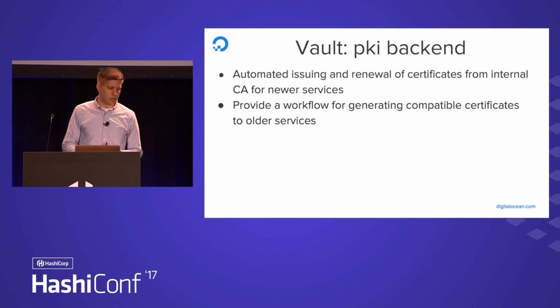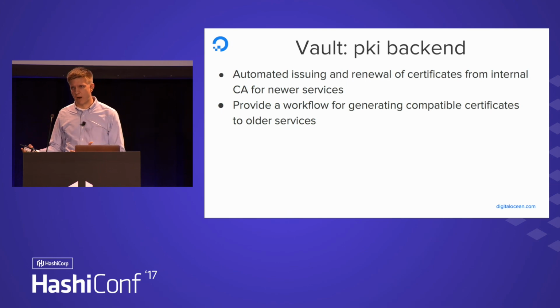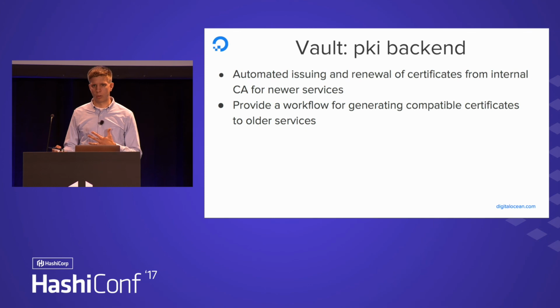And then we use the PKI backend. On top of the Kubernetes-powered platform, we've built a control loop where, with one line of code, you can say, yes, I would like a certificate for this. Then the automation built on top of Kubernetes goes out, talks to Vault, issues you a certificate, and creates a secret out of that, which then gets automatically mounted alongside your pod.